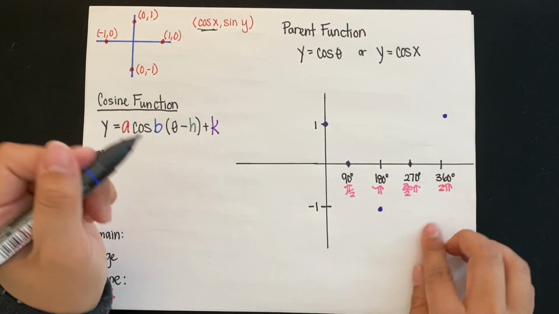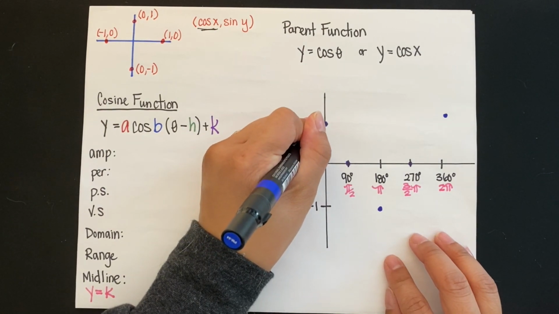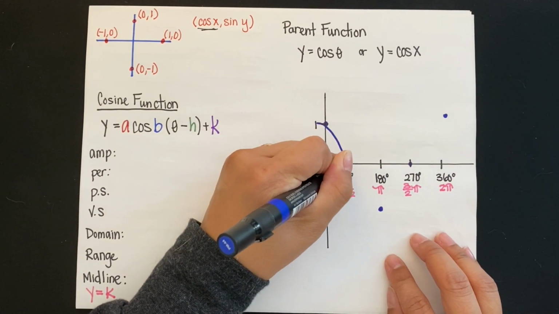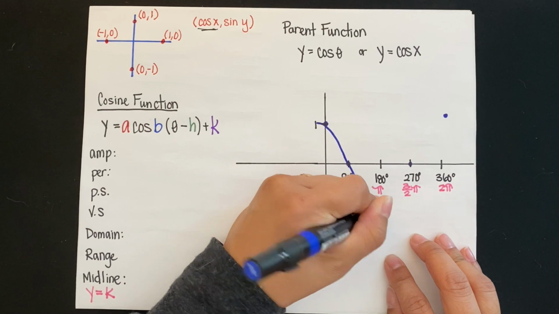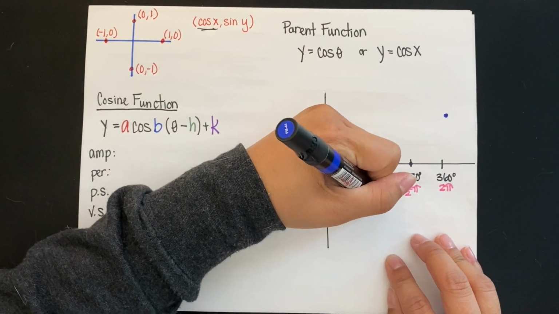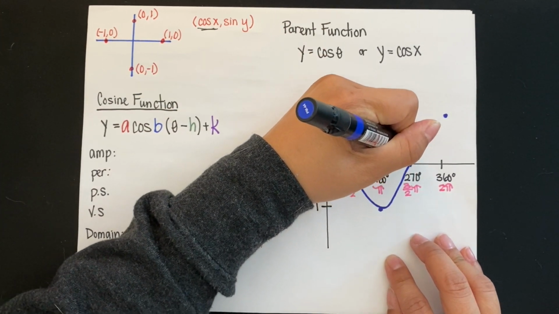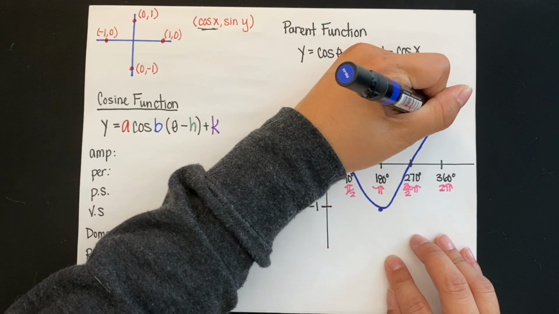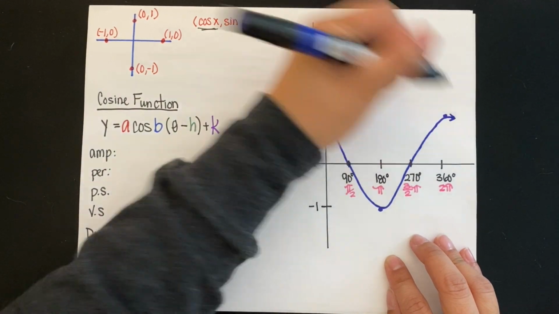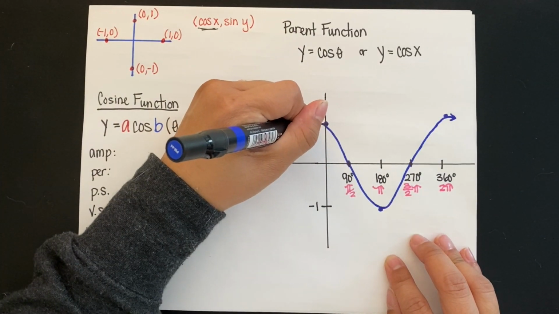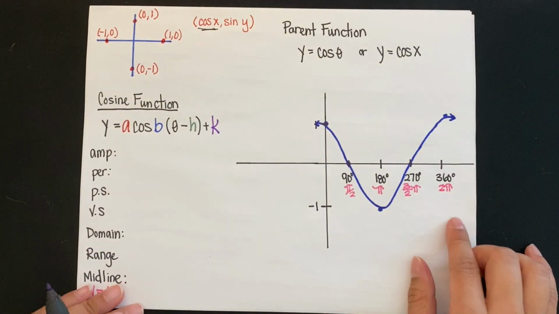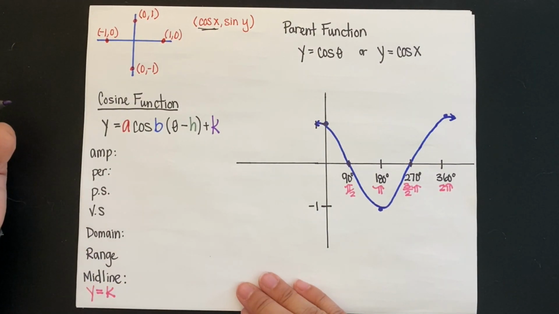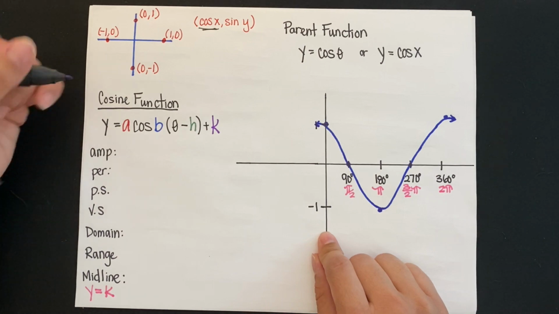So you notice here my wave starts the opposite way of what my sine function was going. And again, even though it makes this shape in the picture, it continues on like a wave shape. Now let's go ahead and talk about the characteristics of this parent function.